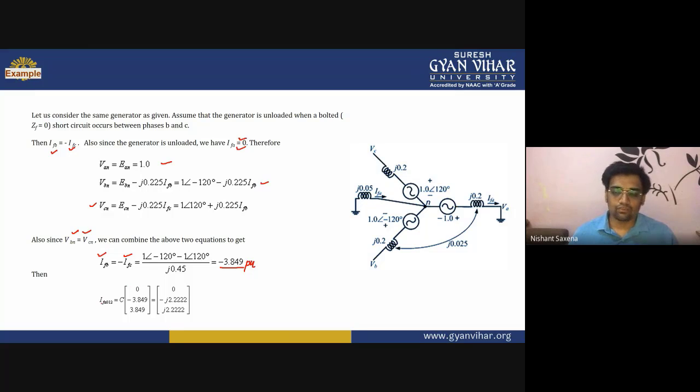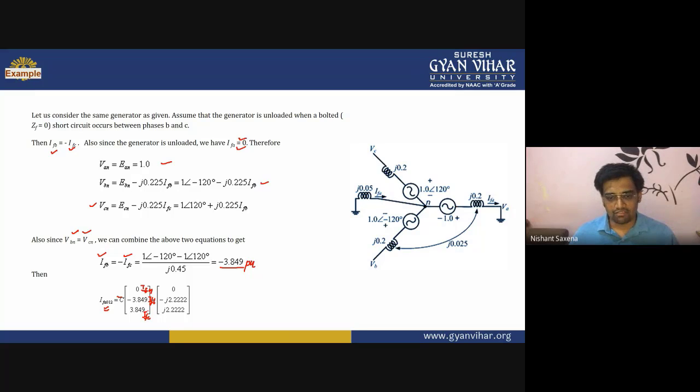Therefore, if we write the equations of the fault currents in symmetrical components, then I can write it using the C matrix, that is IFA012 is equal to C into IFA, this is your IFB and this is your IFC.